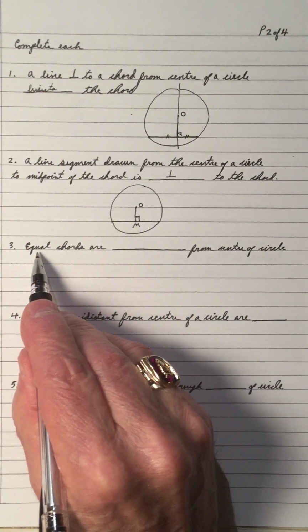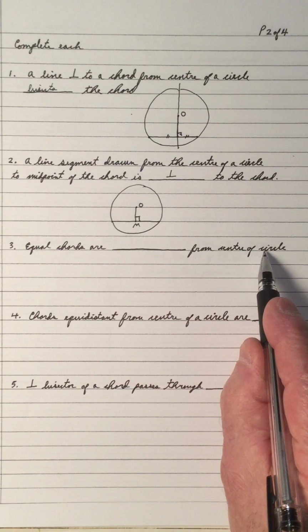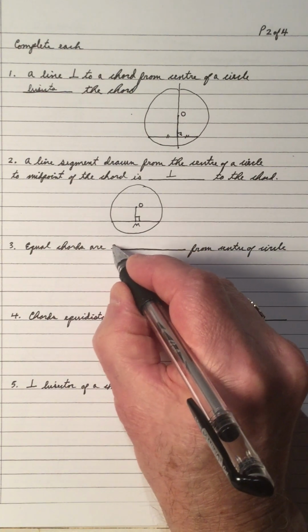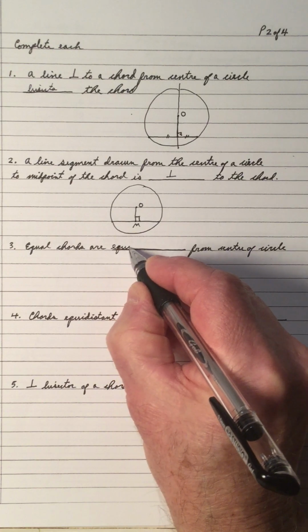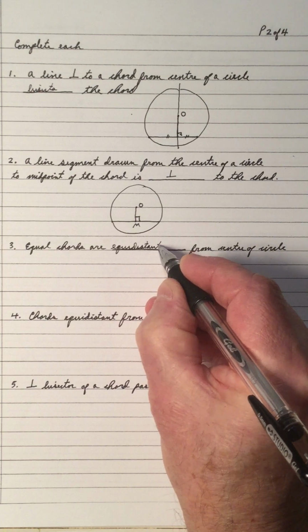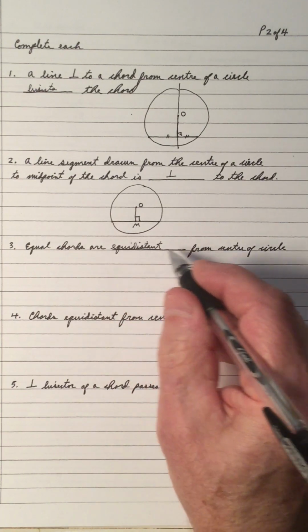And the third property we're dealing with on chords: equal chords are blank from the center of a circle. Equal chords are equal distance from the center.